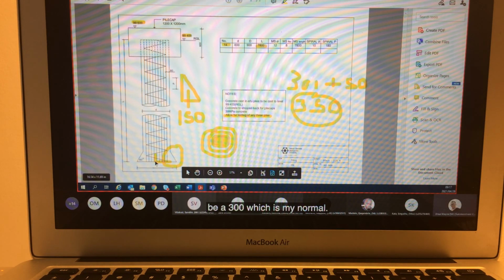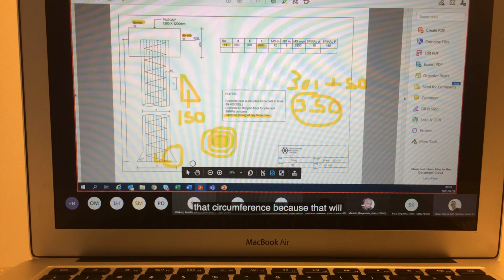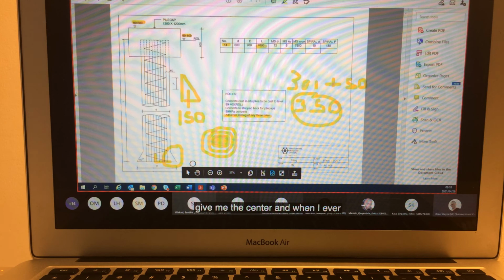So it will be the 300, which is my normal radius, plus the 50, which is a third into this rim section. And then I now need to determine the circumference of that, where you can see my cursor. Now I need to determine that circumference, because that will give me the center. And when I have a triangular shape, the triangular shape tells me that I work a third for the center line of that.